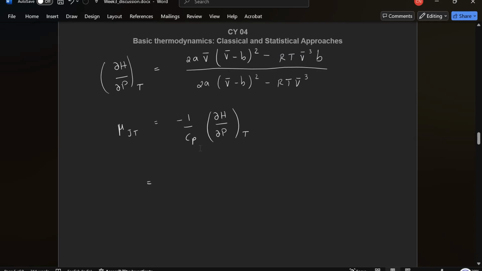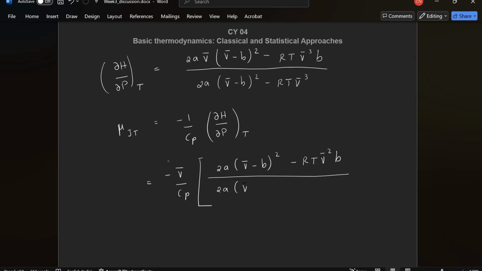Therefore, it will simplify to minus V bar by Cp, divided by 2A V bar minus B whole square minus RT V bar squared into B, divided by the same 2A V bar minus B square minus RT V bar cube.